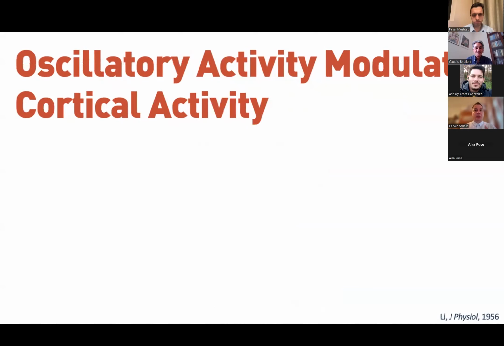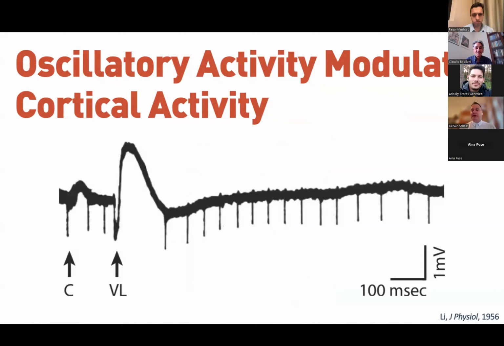Now, the way they modulate each other, or the way they interact, has been studied for quite some time. This is an example from 1956, a recording from the cortex. You can see a motor cortical neuron firing happily along.